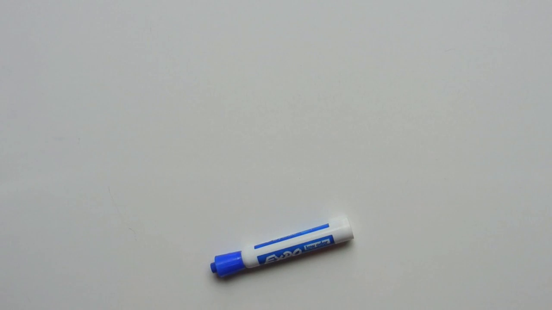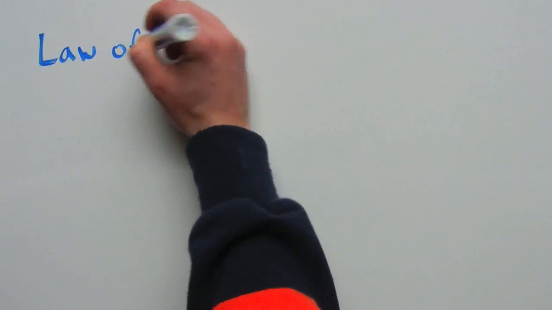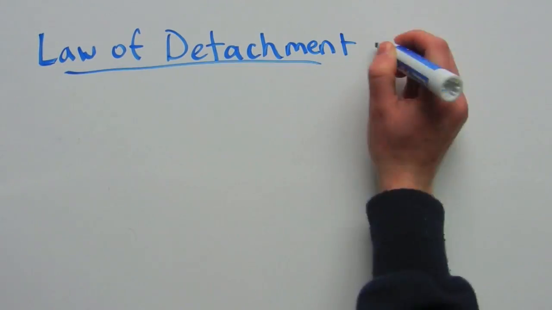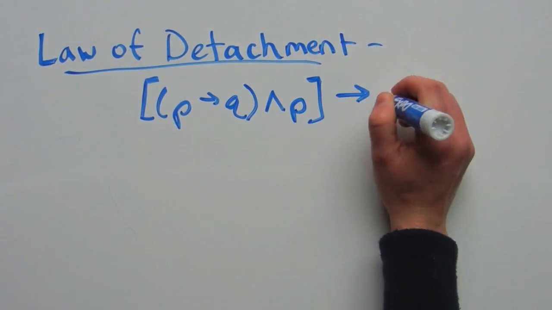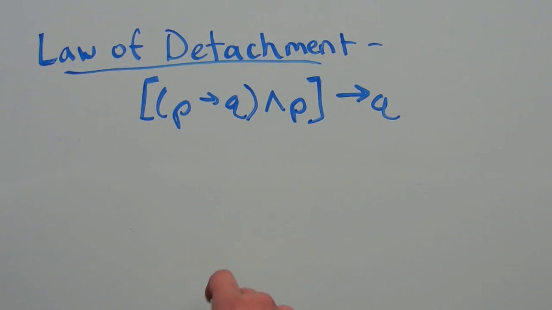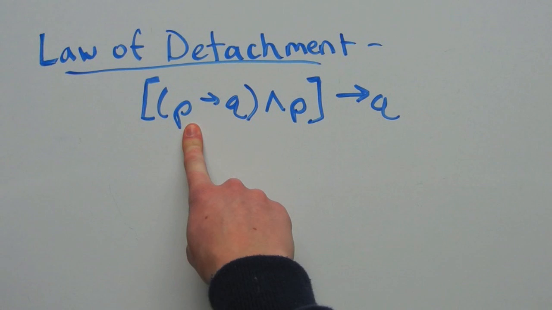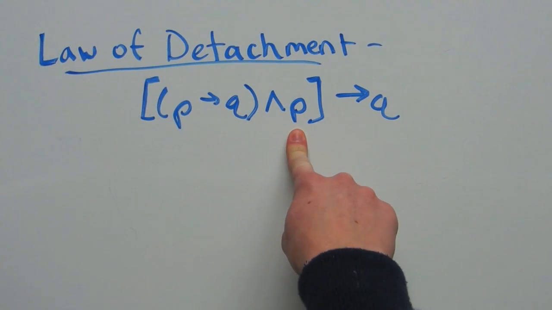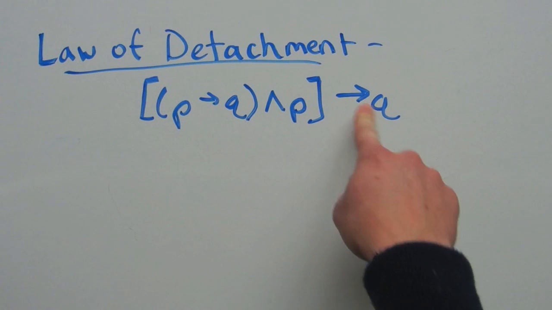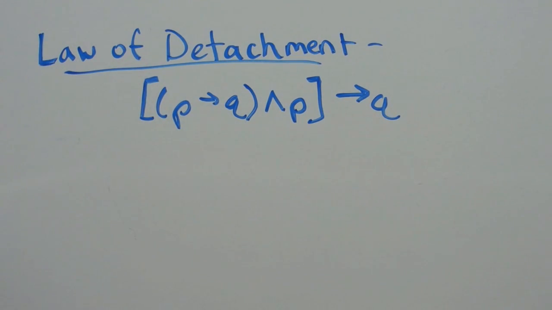One form of deductive reasoning is known as the law of detachment. In symbols, the law of detachment is: if P implies Q and P, then Q. Let's go ahead and write that in words.